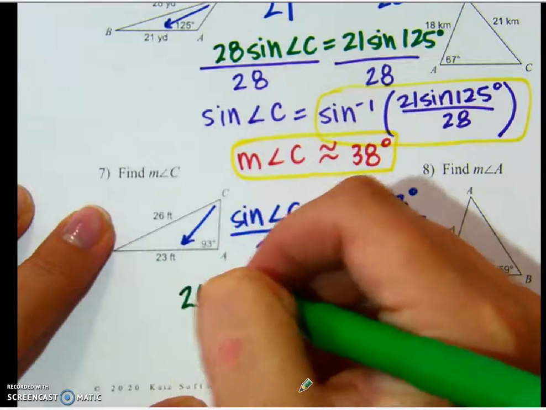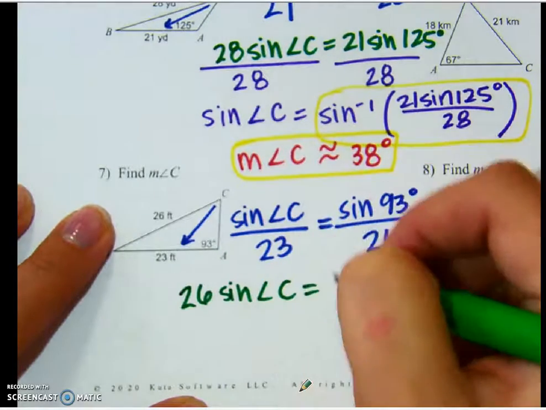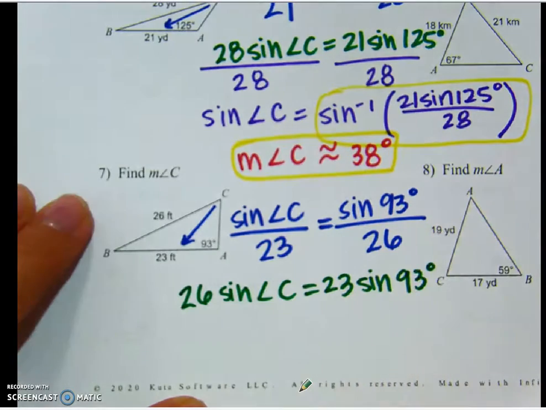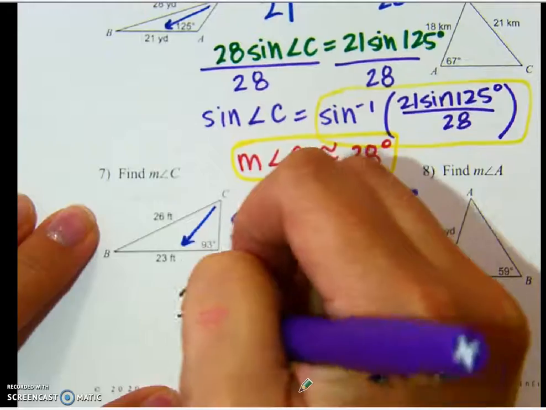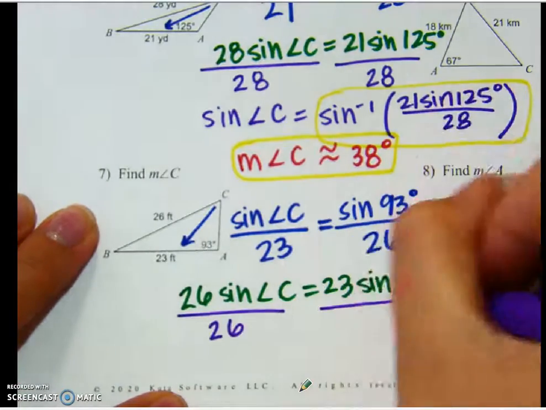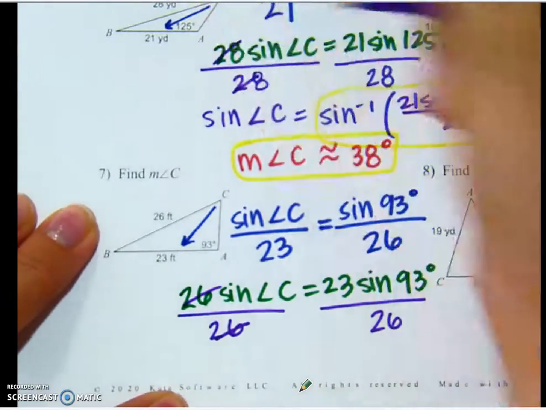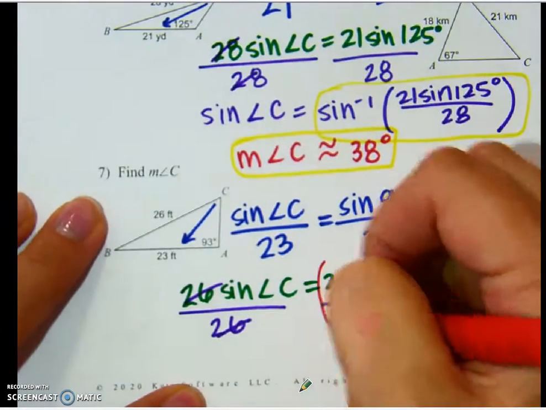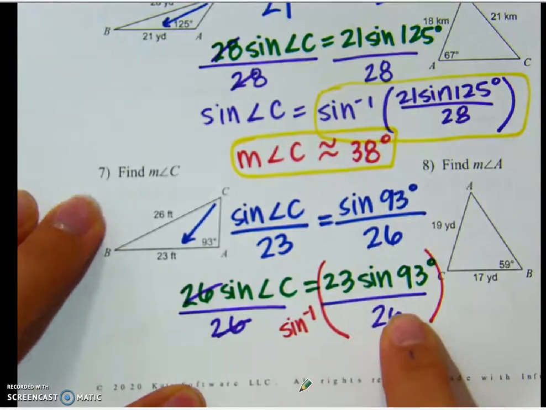So 26 sine angle C when I cross multiply, and then 23 sine 93. Okay? Now I'm going to divide by 26. Right, cancel those up there. Okay, and then in your calculator, you're going to type second sine and then all of that.